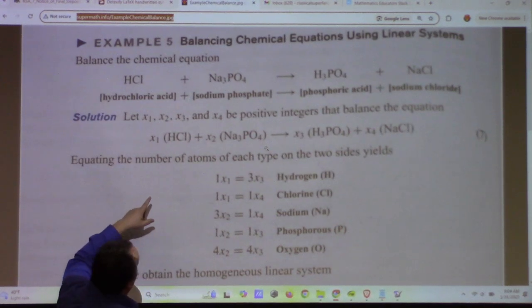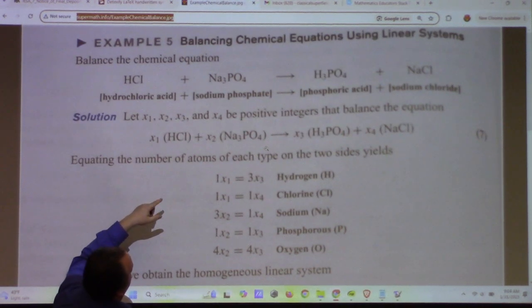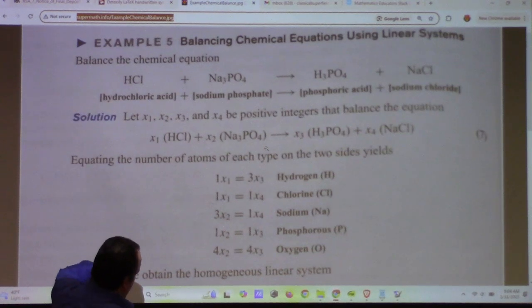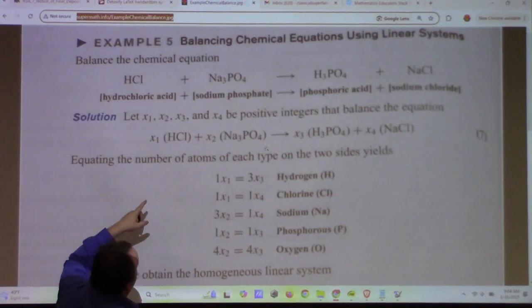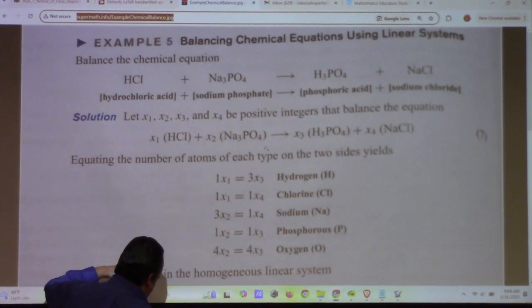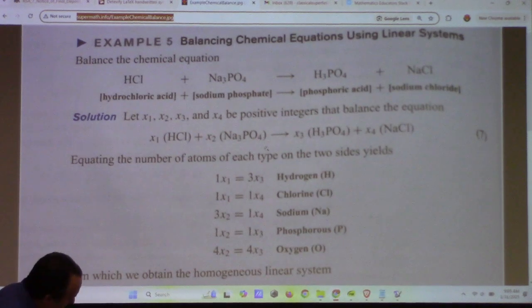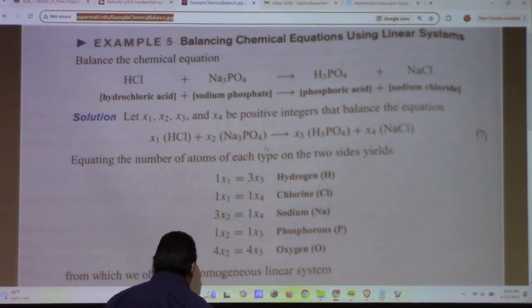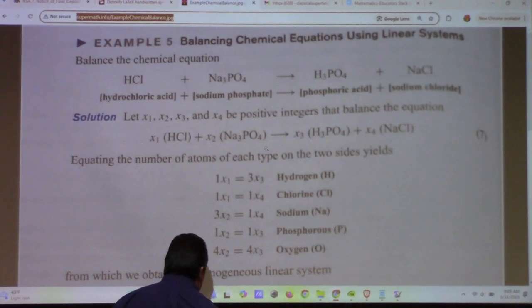And then the phosphate: that's phosphorus. So one phosphorus and then 4 oxygens. So if I'm not messing this up, I think that gives us this vector: 0, 0, 3, 1, 4. And that equals x3.